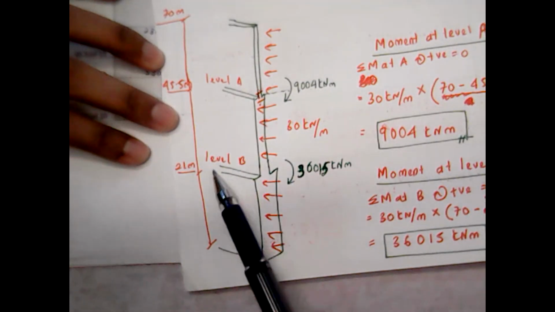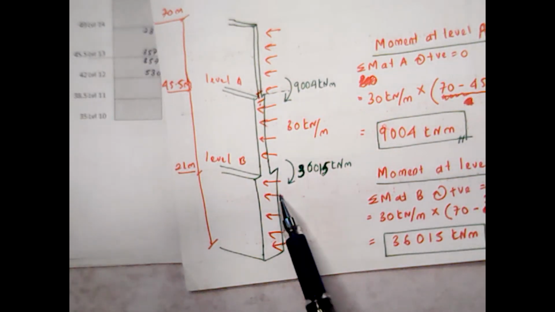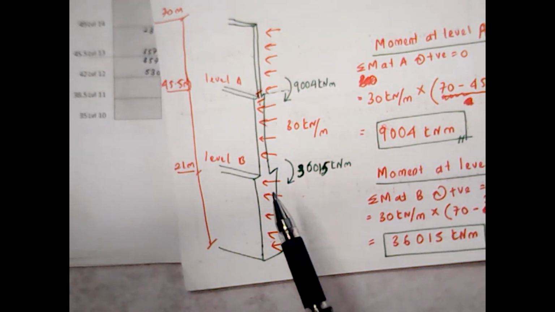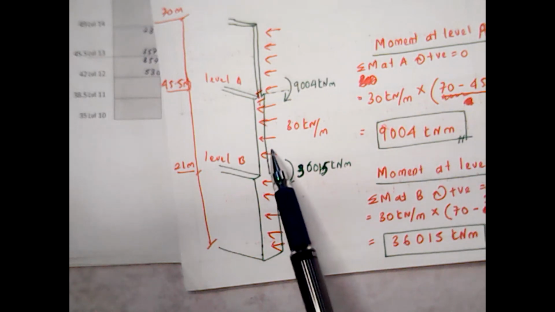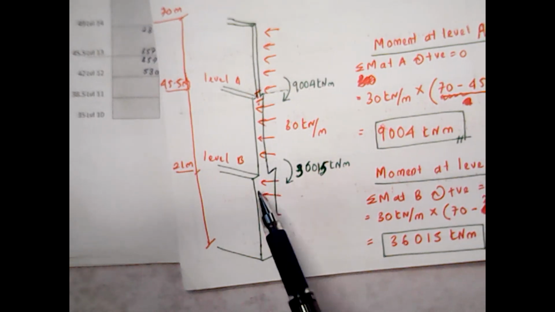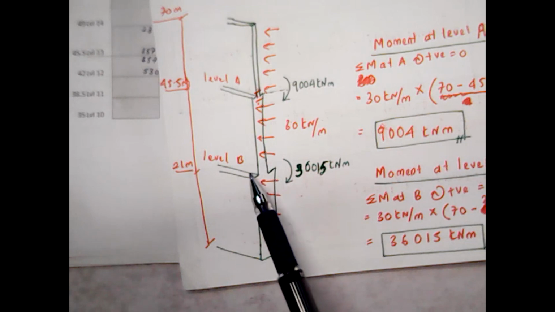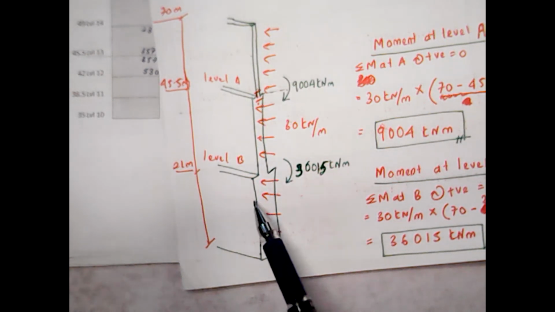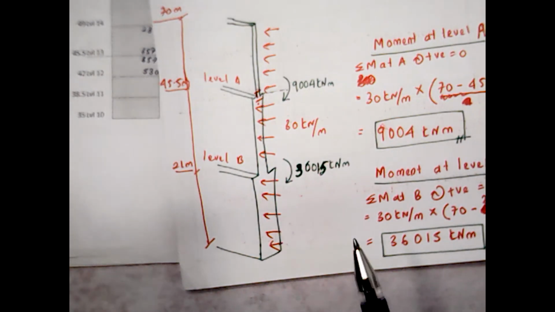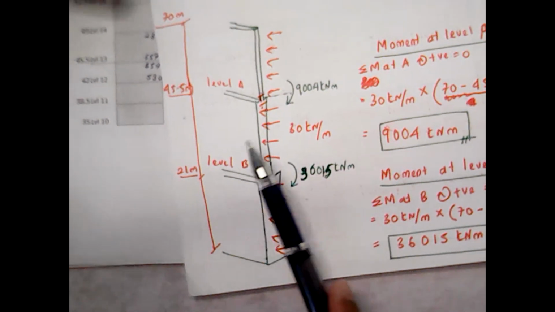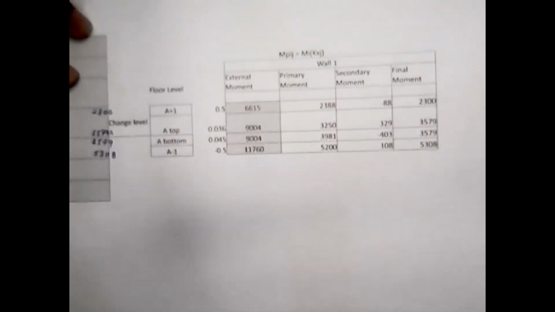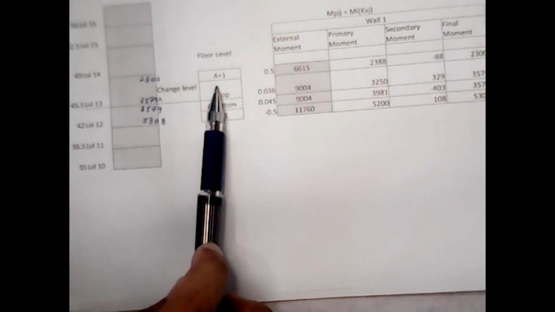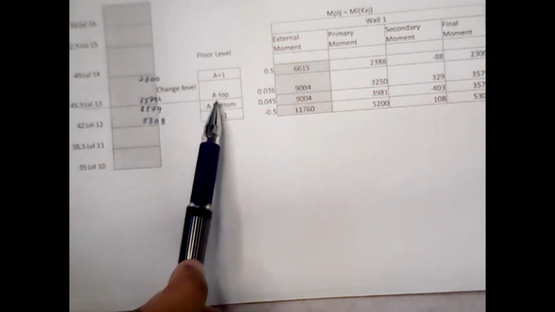For change level B, I want you to solve it accordingly as I have explained, for one floor above B and one floor below B. You need to come up with this table, but you have to calculate for B top and B bottom instead of A top and A bottom.